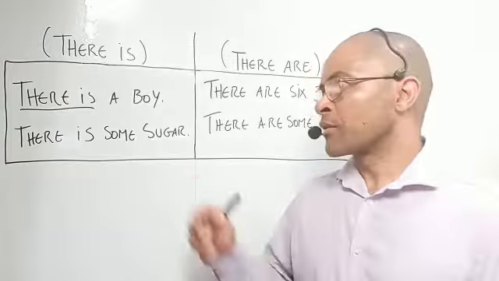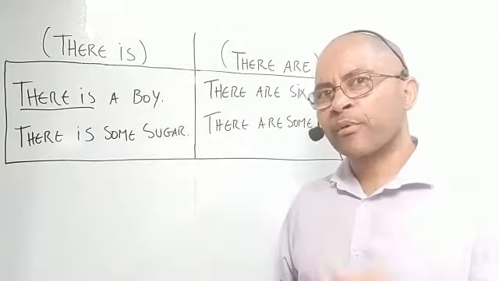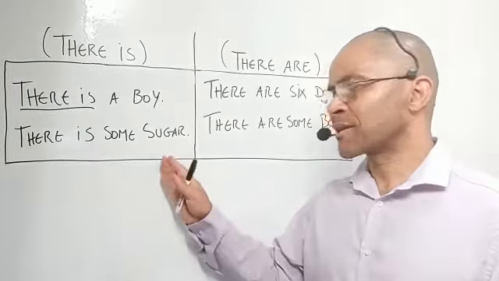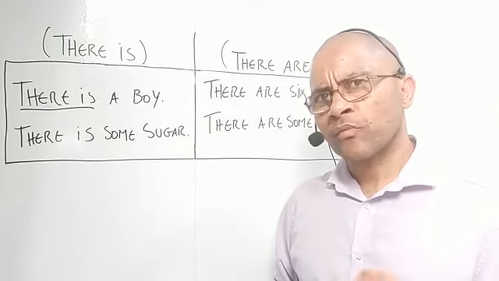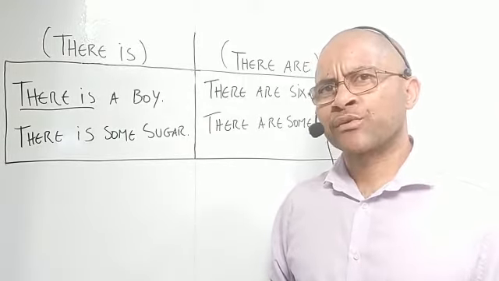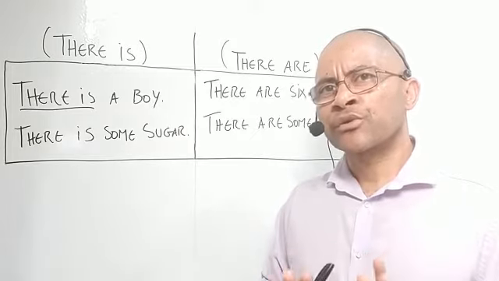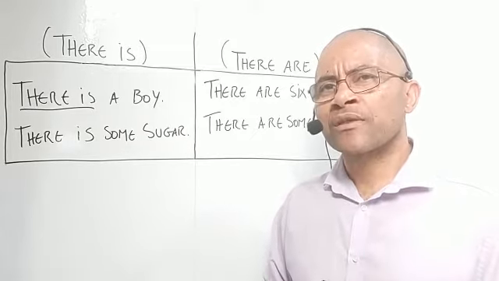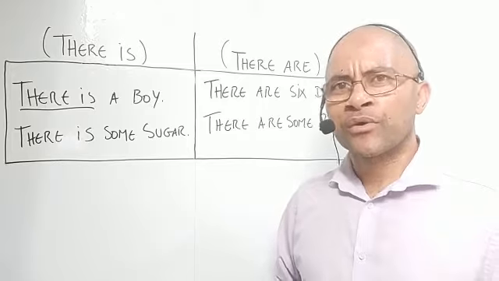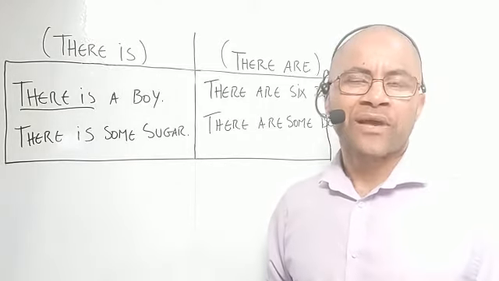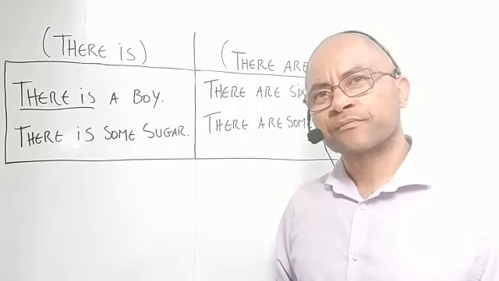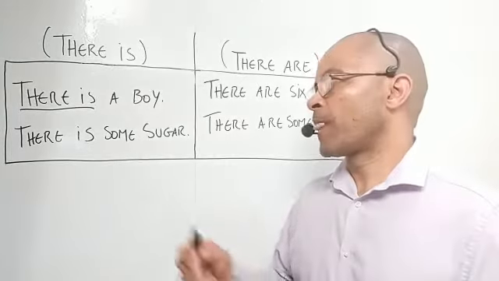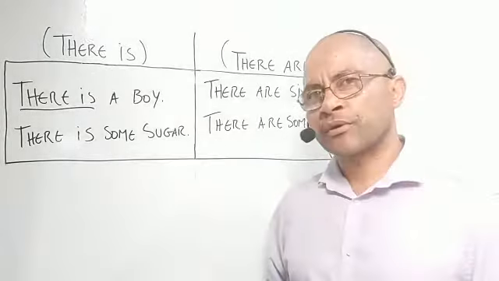Okay? The first example is simple, but the second example with the uncountable noun, we have to make sure that we use the correct words for negative and questions. For example, there is some sugar.